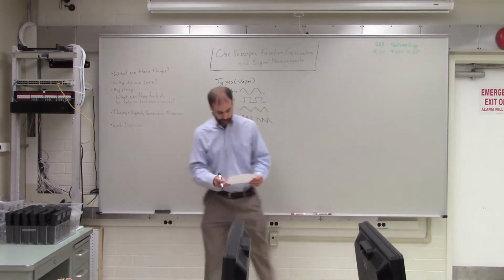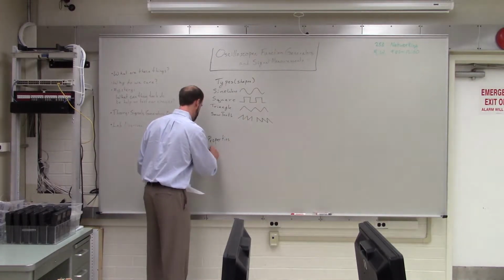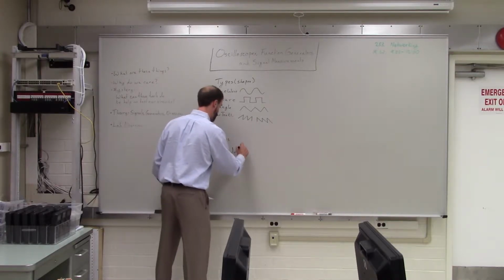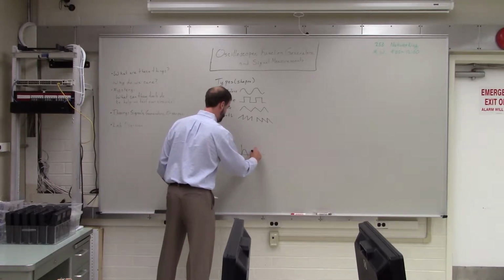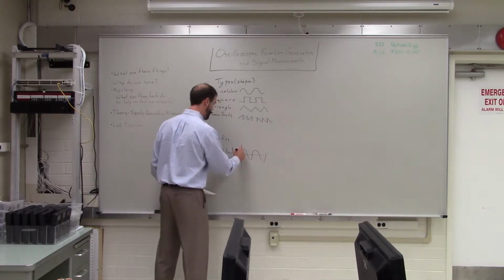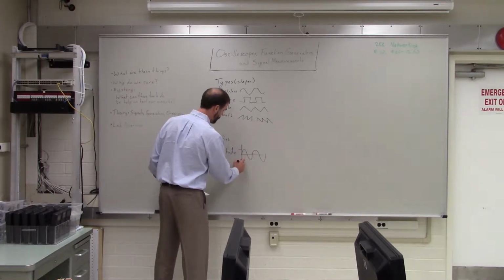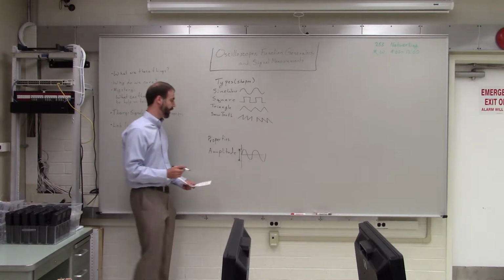So there is an amplitude. There are several different ways to measure amplitude, but it's basically how big the wave is. So one way to measure it would be from the top to the bottom. And we'll get into these different ways of measuring in just a minute. But the amplitude is how big the wave is.